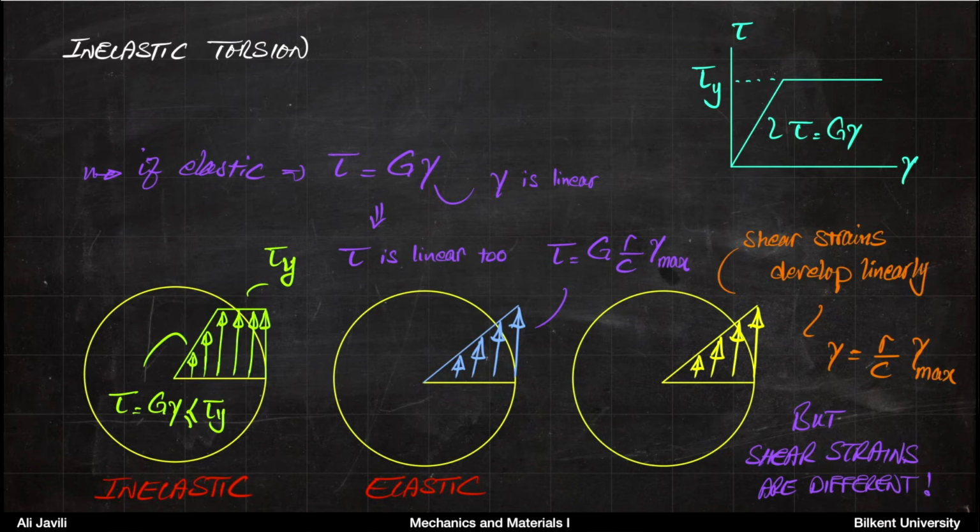So in inelastic torsion, you get this sort of combined behavior. You have a region that reaches plasticity, where you reach the maximum stress tau y. But inside, the stress-strain relationship still follows the linear relation tau equals G gamma, as long as G gamma is smaller than the yield stress tau y.